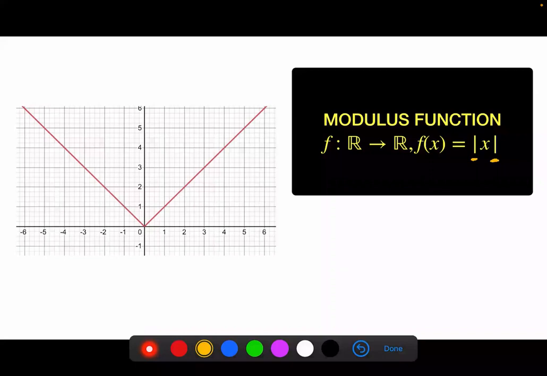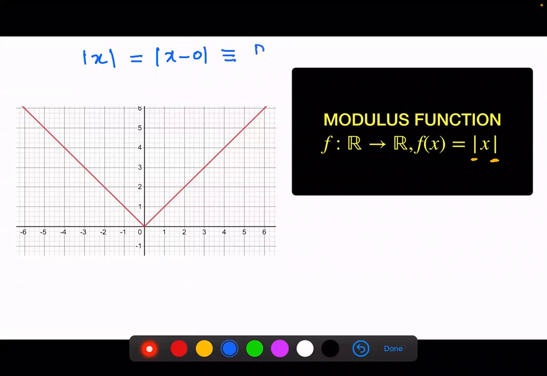Whenever you look at mod x, you should understand it this way: mod x, you can write as x minus 0. Keep this in mind. It is basically the distance of the x coordinate.